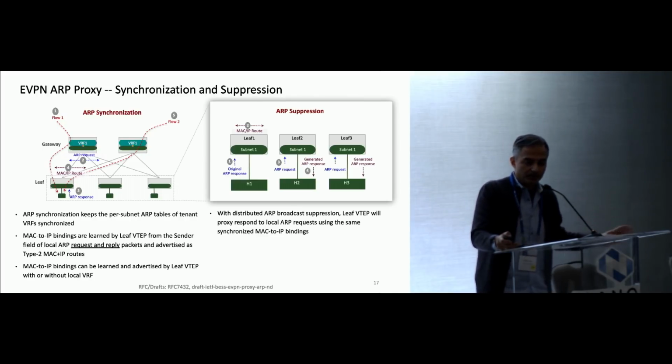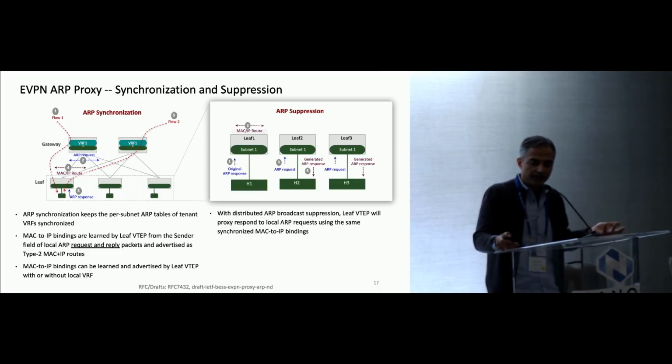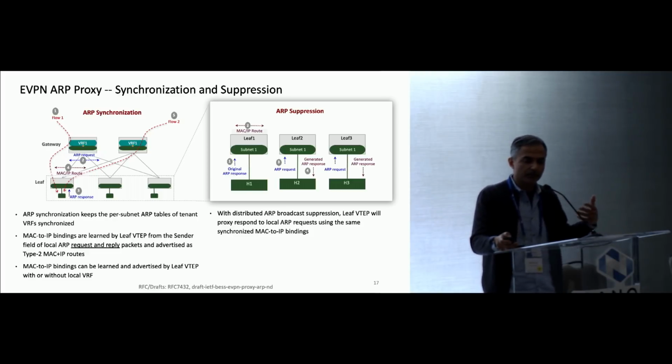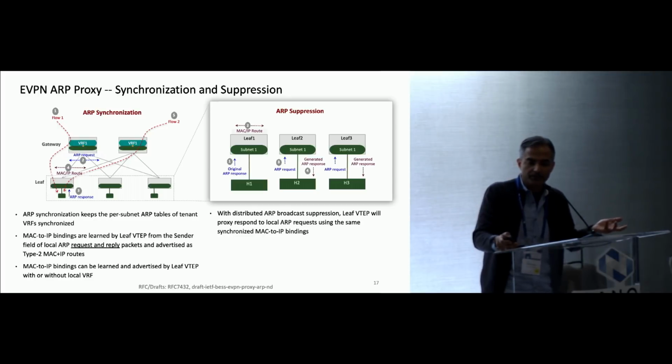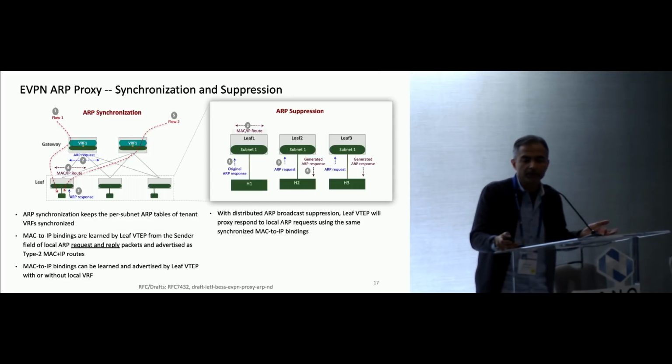Now, ARP suppression uses basically the same machinery, so that MAC plus IP information advertised in the MAC plus IP route is also, like I said, stored in a MAC plus IP binding table for a particular broadcast domain.